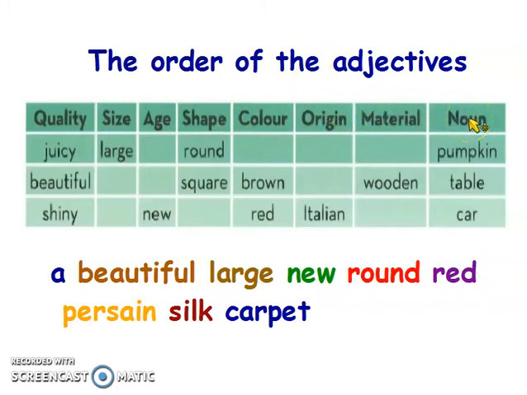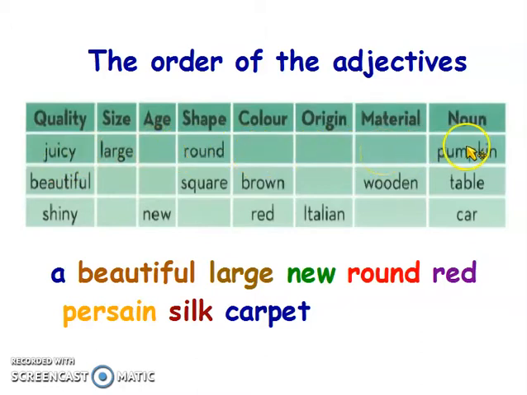So, if we have different types of adjectives in the same sentence, this is the correct order that I must write in the sentence. Quality, size, age, shape, color, origin, and material.